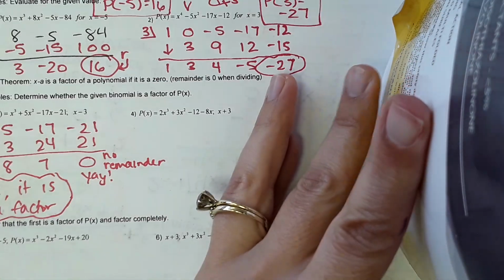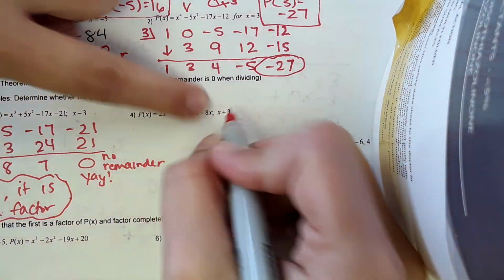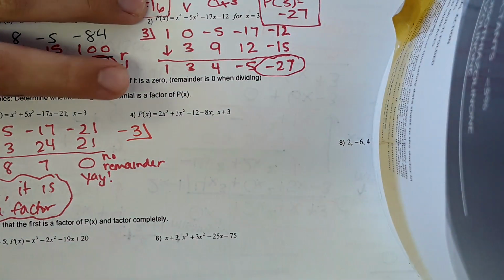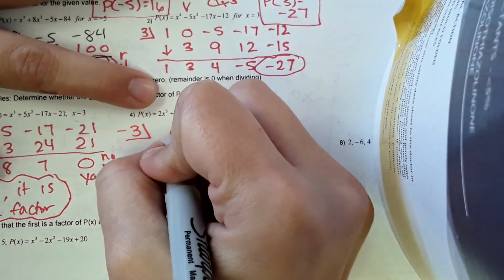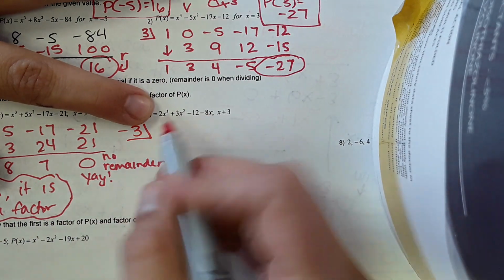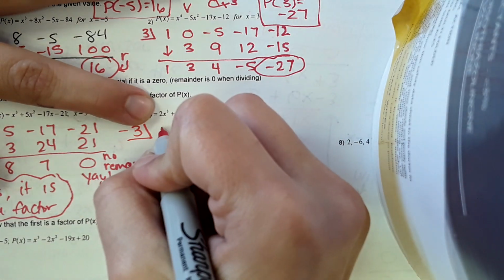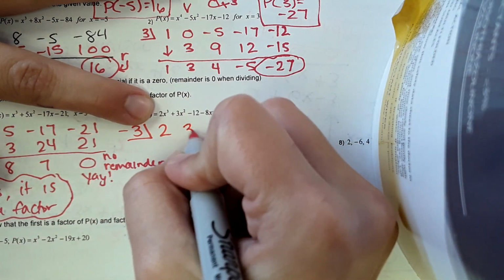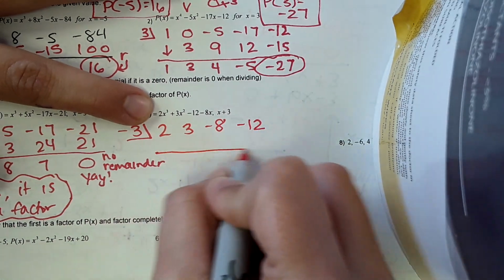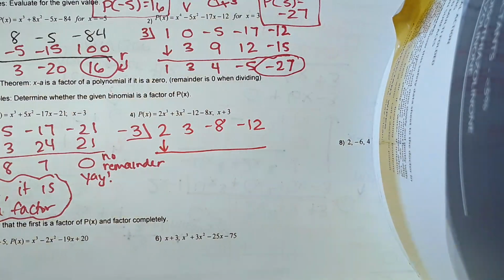Number 4, same thing, x plus 3, so we're putting a negative 3 in the box and then factoring it out. Notice with this one, the terms are in the correct order, so I'm going to put them in the right order as I write it down. 2, then 3, then negative 8, and negative 12. That's sequentially?